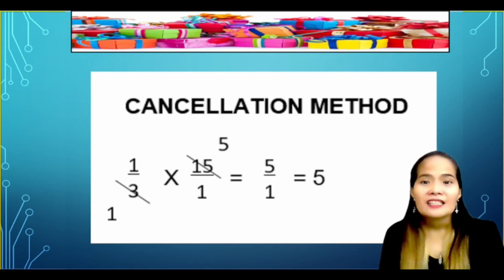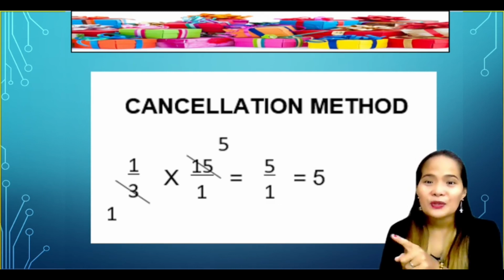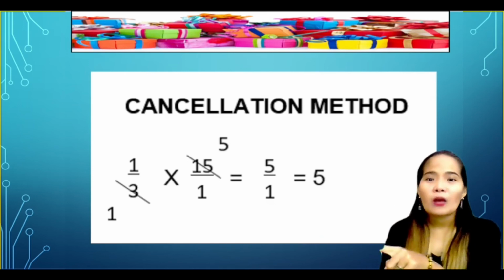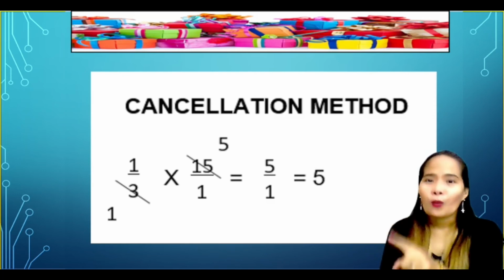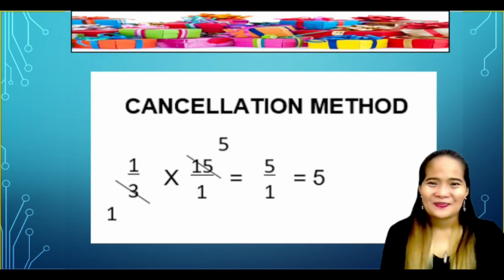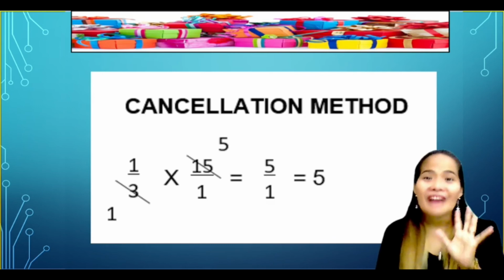Multiply 1 times 5 is equal to 5. Next is 1 times 1 is equal to 1. 5 over 1, or simplify it, the answer is 5. The answer is 5 gifts.